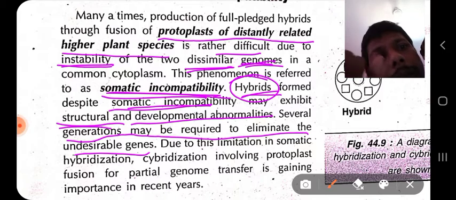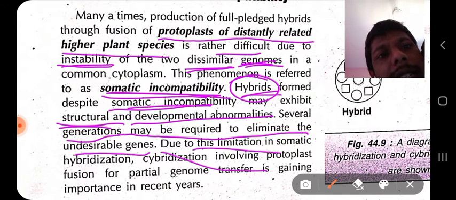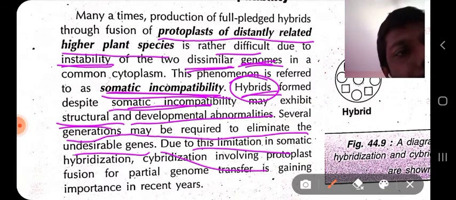That is how asymmetric hybrids form. So due to this limitation, somatic hybridization involving protoplast fusion for partial genome transfer is gaining importance in recent years. Okay.